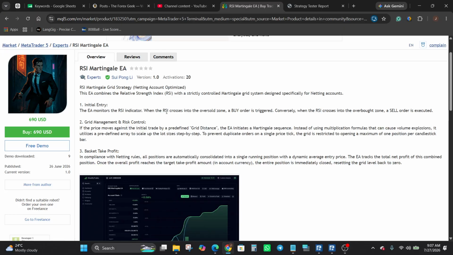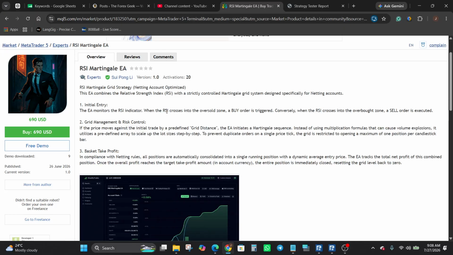From there, if price moves against that initial trade by a predefined grid distance, the EA starts a martingale sequence. So instead of a straightforward multiplier that can cause lot sizes to balloon, it uses a predefined array to scale lot sizes up step by step.